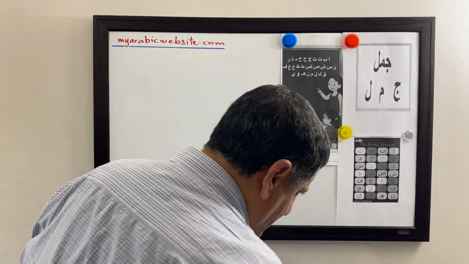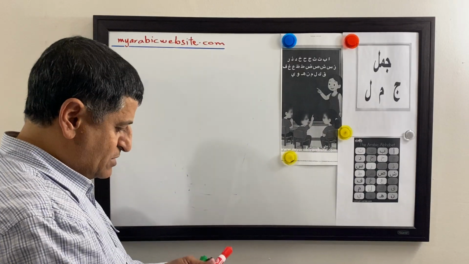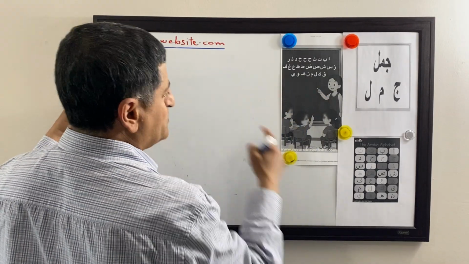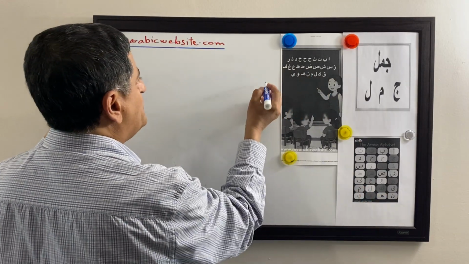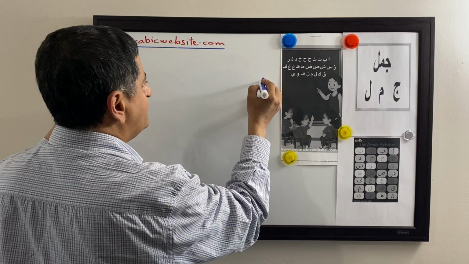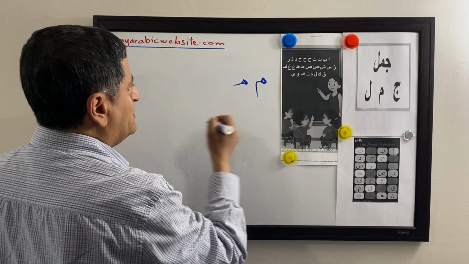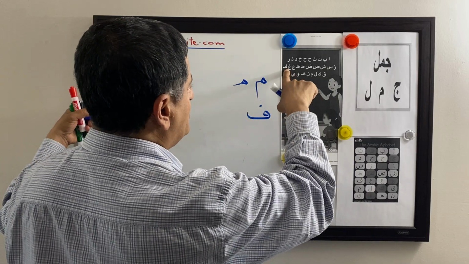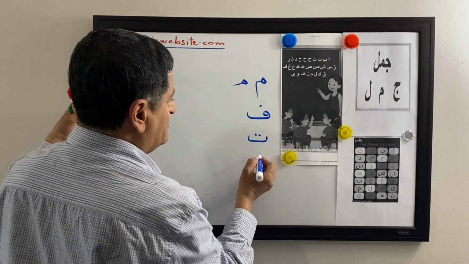I'll pick up what was like this one easy. Let's do this. I find it on my keys here. So do meem. As you see here, meem is two here. So this is a meem or meem like that. Then fa. This one. Then ta. Then alif.